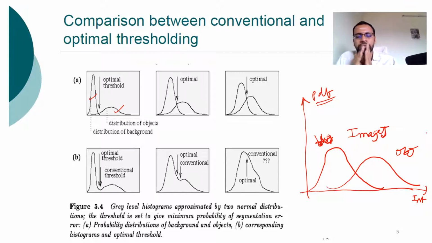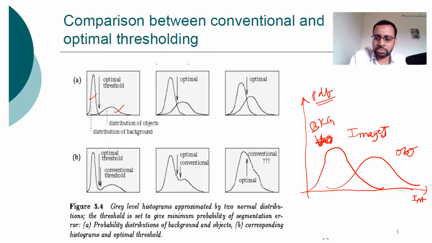Essentially, what we want to do is pick one intensity such that anything before that intensity is background, BKG, and the rest is object, OBJ.